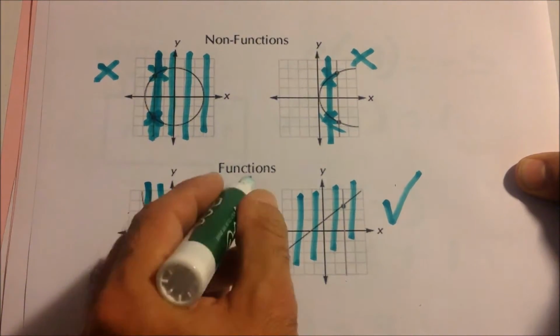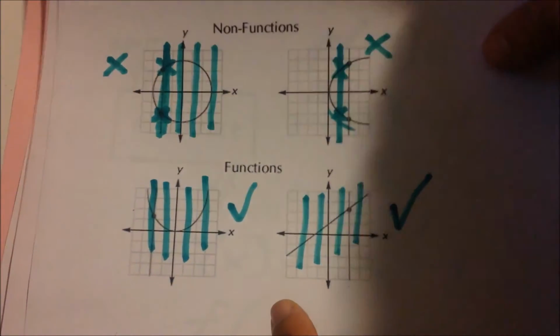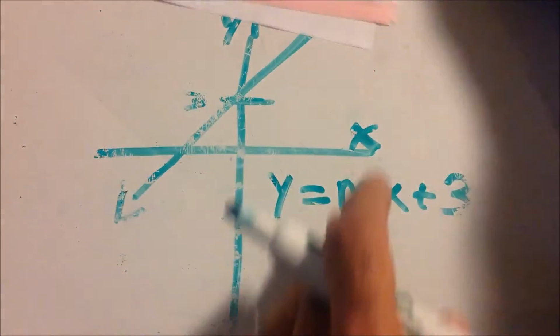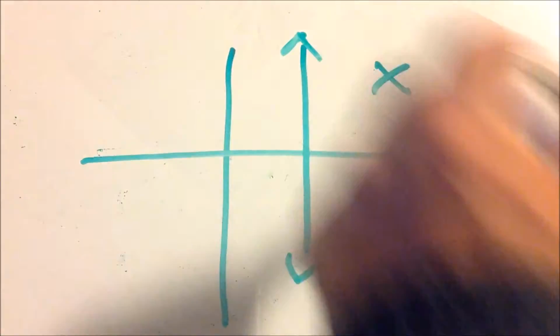So it passes the vertical line test. So you draw a line and it goes through whatever function you had. If it only goes through once, it is a function. Now vertical lines are undefined. They're not a function. So if you had a line like this, we know that is not a function.